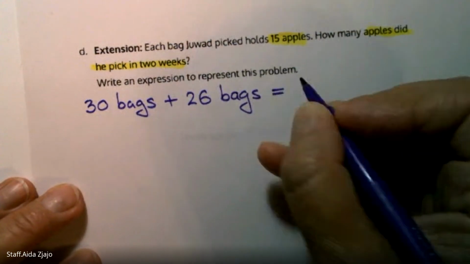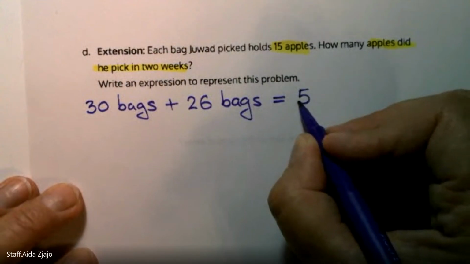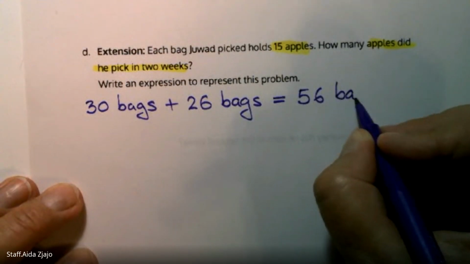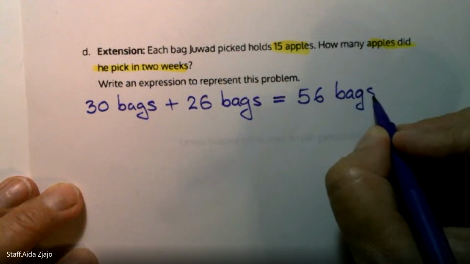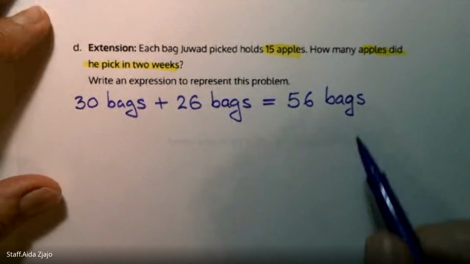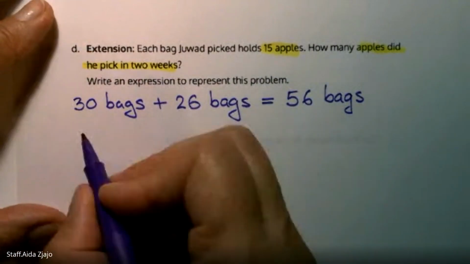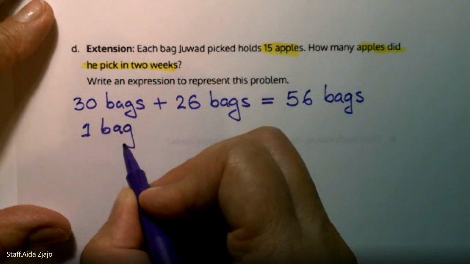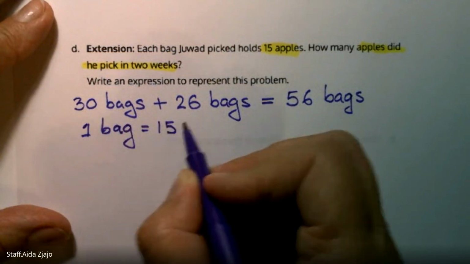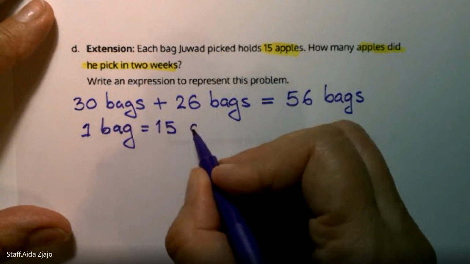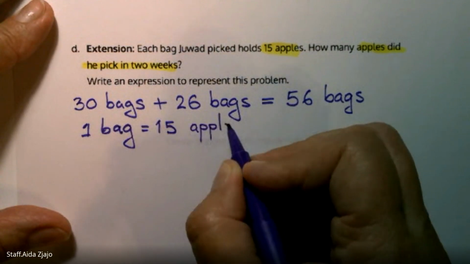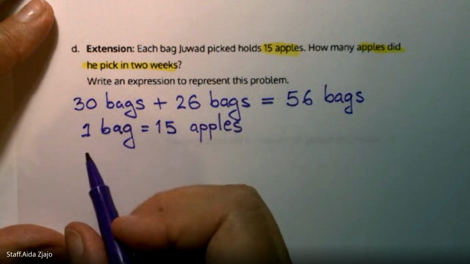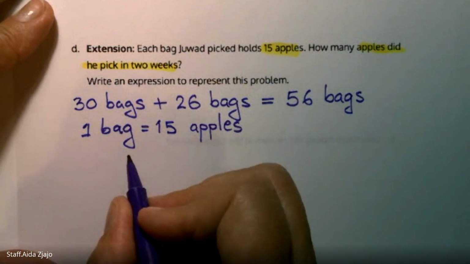So that is a total of 56 bags. So now one bag is equal to 15 apples. So how many are 56 bags?